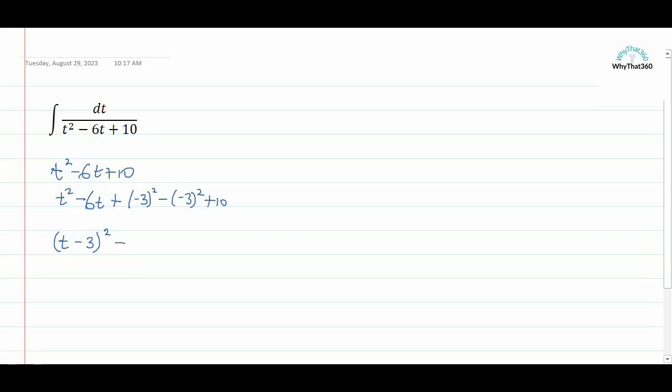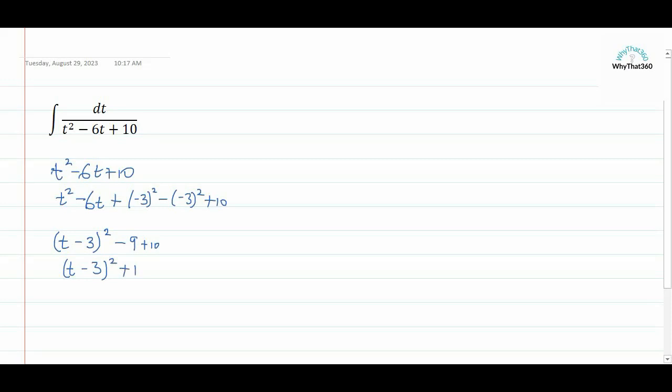Then we go to minus 9 plus 10. Minus 3 squared is 9, and this is a negative sign. So we get t minus 3, all this squared, and then plus 1.